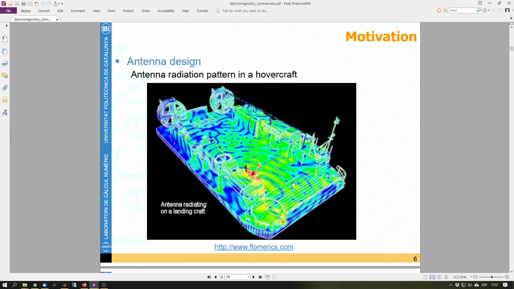So we want to ensure that enough power is received in all the areas, that it is not perturbed by any change in design, but also that it's not too much power either. One way of assessing this is by looking at the computed field, computed by the equations that we will see.